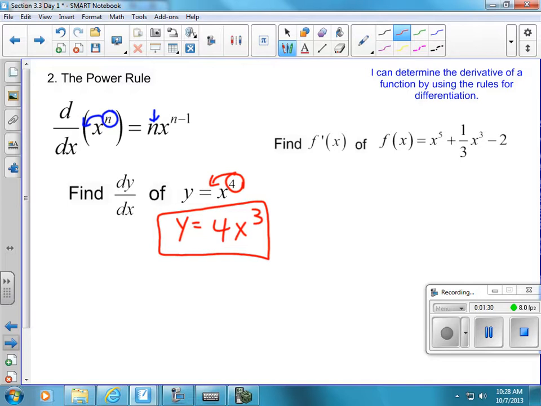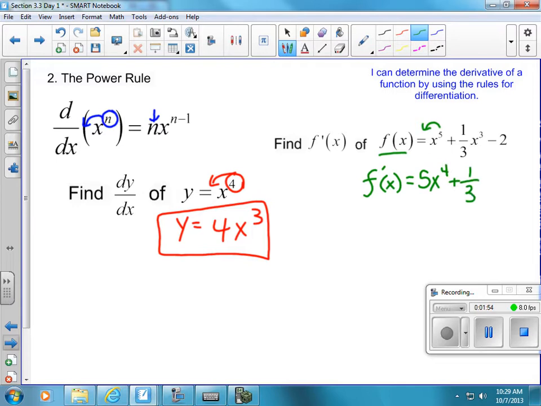This works for all terms in a polynomial. So for the function x to the fifth plus 1/3 x cubed minus 2, let's take the derivative. We take the 5, move it to the front, 5x, and we subtract 1 from the 5 to give us a 4.